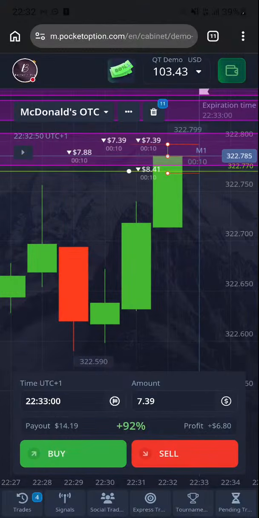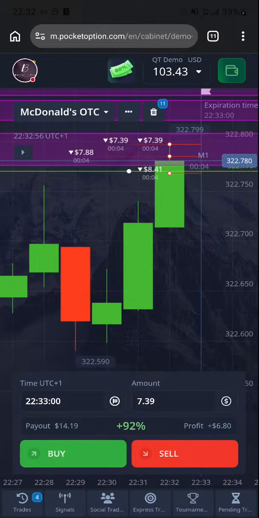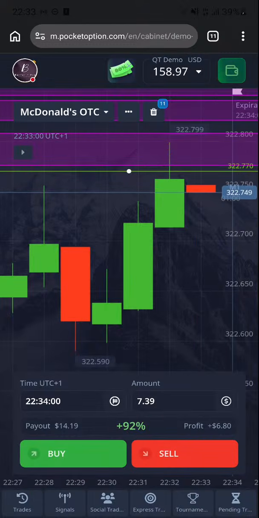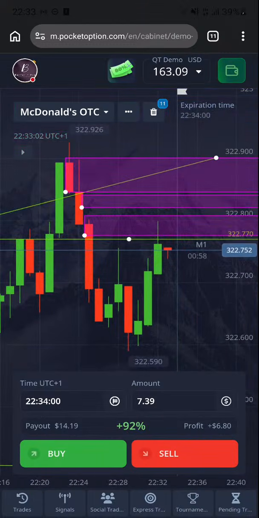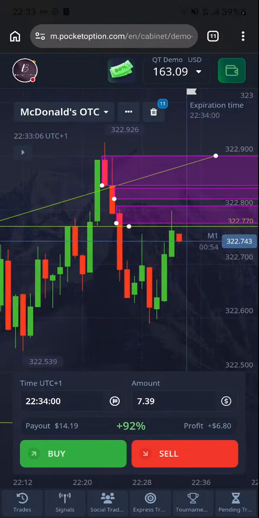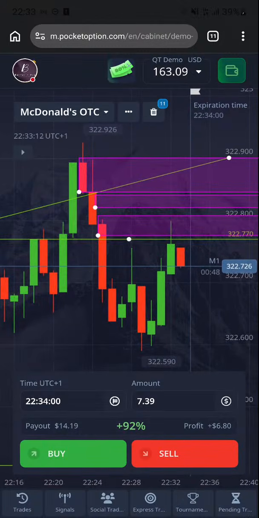I would take a trade above this round number. I'm expecting a pullback here, so let's see if the pullback is going to act. Okay, fine, that's good. That's a beautiful trade. The reason why I took this trade is because I'm observing this heads and shoulders pattern. So I know that if the shoulder is going to form somewhere here, it's going to be somewhere along this same level as the previous one.